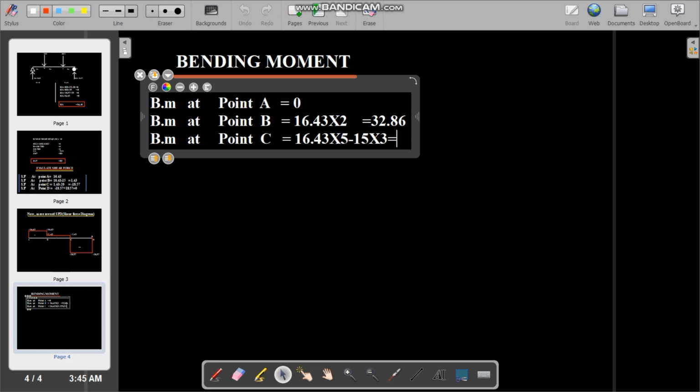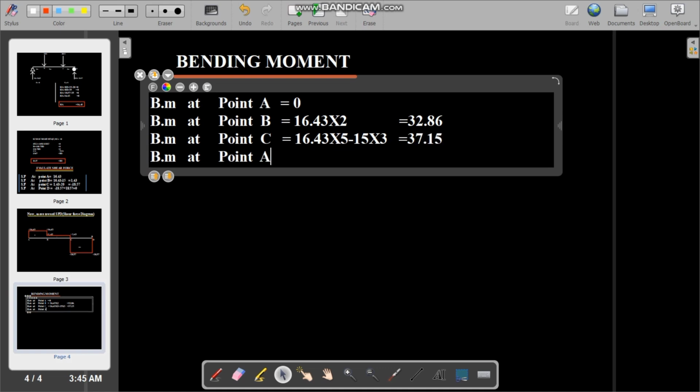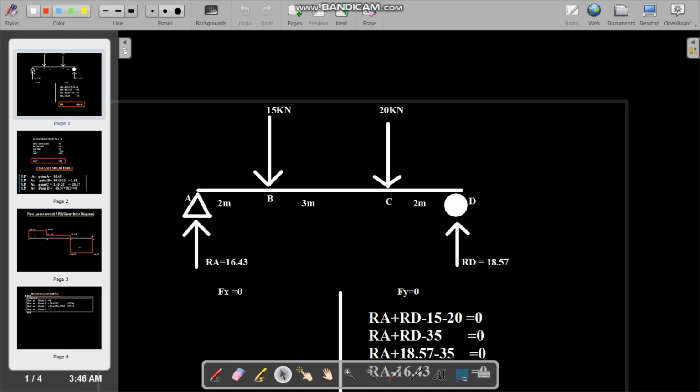Now we write the B point load, minus 15 multiplied by 3. You can understand right now. So we just calculate these values. That is the whole value of bending moment at point C.